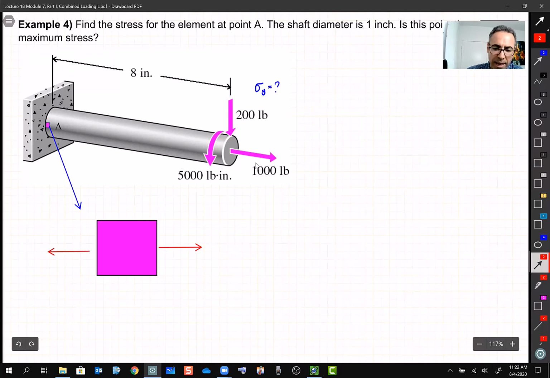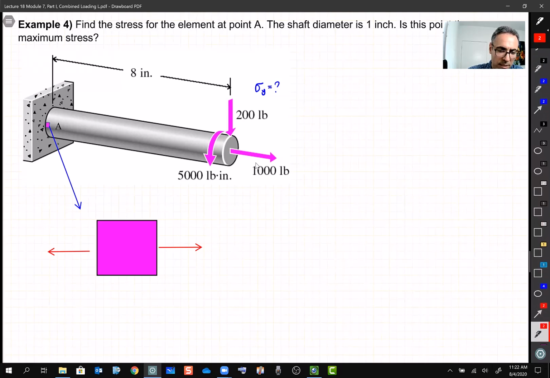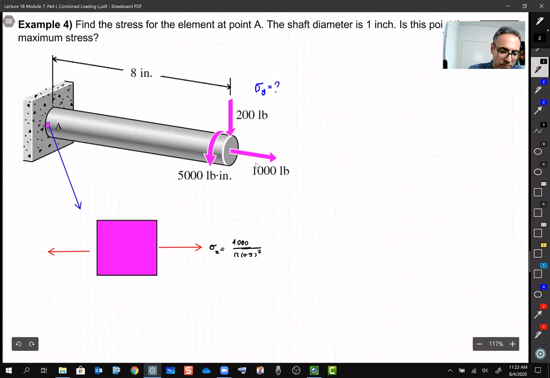And we know how to calculate that one. It's simply, let's call it sigma x, is 1,000 divided by pi r squared. That's sigma x.